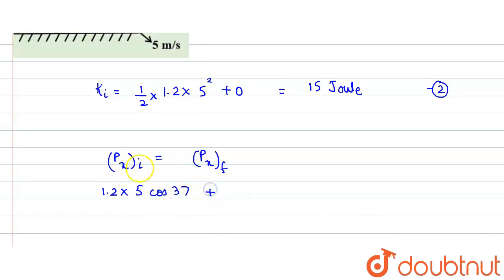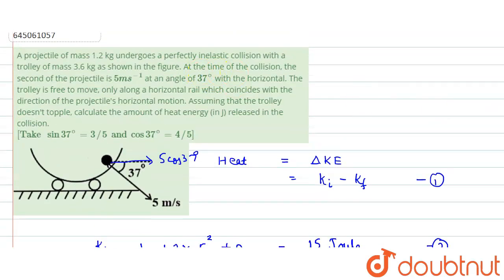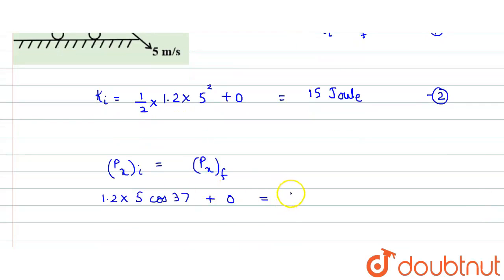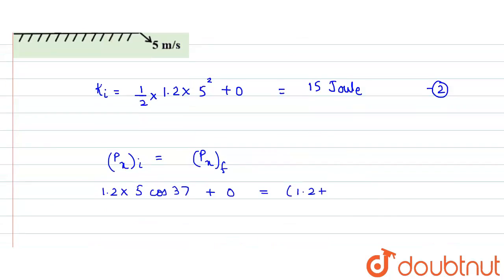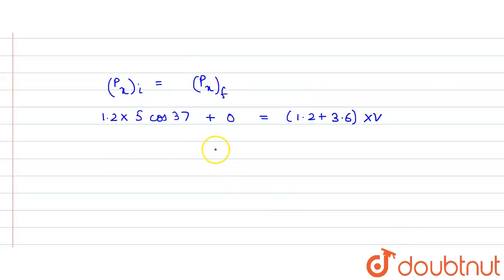Now for the trolley, there is no velocity in the horizontal direction initially. In the final case, since the collision is perfectly inelastic, both masses move with a common velocity. So the momentum would be 1.2 plus 3.6, the mass of the projectile plus the mass of the trolley, into the common velocity v. If we solve this, our common velocity turns out to be 1 meter per second.